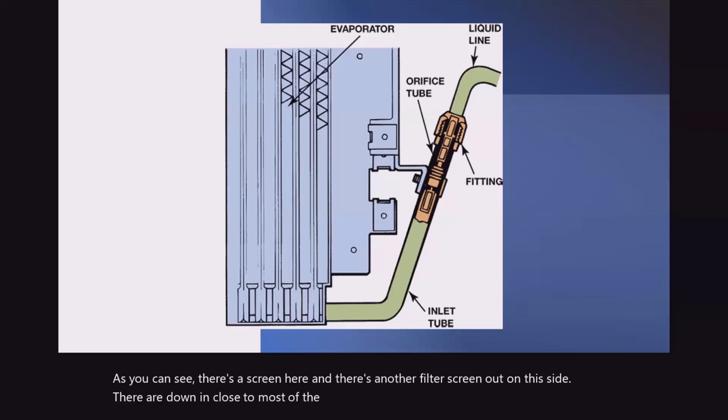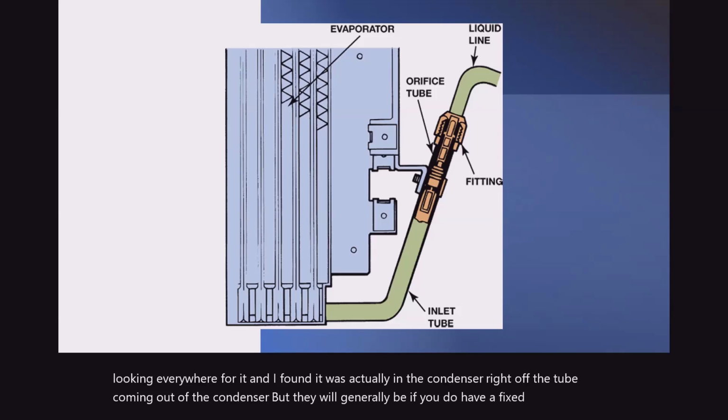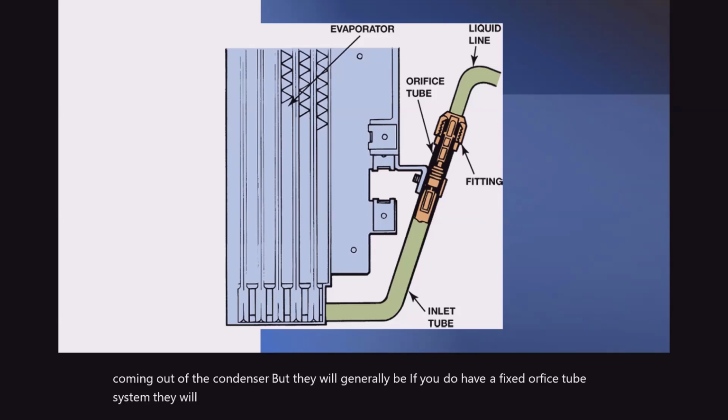I did find one time, I was looking everywhere for it, and I found it was actually in the condenser, right off the tube coming out of the condenser. But they will generally be, if you do have a fixed orifice tube system, in the evaporator. So the inlet to the evaporator, as it goes across, that's where you'll find it.